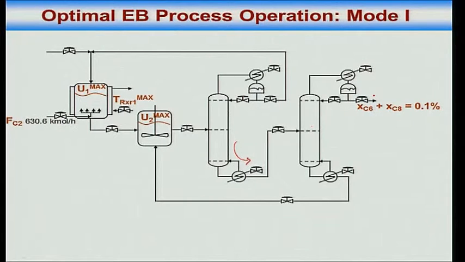So it will have diethyl, so this should be C10, I am sorry. So C10 plus C6. Impurities are C6, benzene leaking down, and diethyl benzene leaking up. This should sum to 0.1%, so that your product is 99.9% ethyl benzene. Okay.